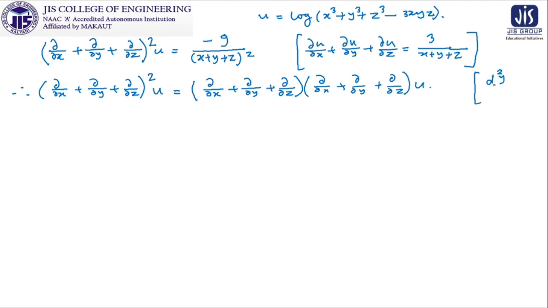I think you can recall d2y dx2 is nothing but d dx of dy dx, the same logic. So in the next line we can write, this part is already known to us. If you insert, del u del x plus del u del y plus del u del z is 3 by x plus y plus z.